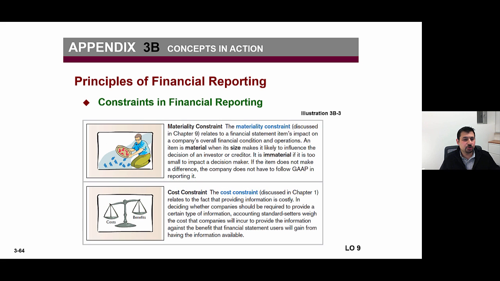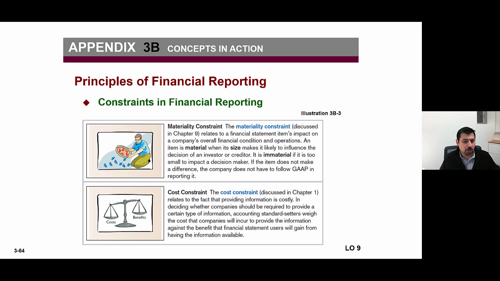And then we have also certain constraints in financial reporting. This is the materiality constraint and the cost constraint. There is basically a trade-off between the two. The materiality constraint talks about whether this information is material enough to affect the decision maker. For example, if there was a discrepancy in the numbers of basically $50,000 for Google, that would not be relevant.